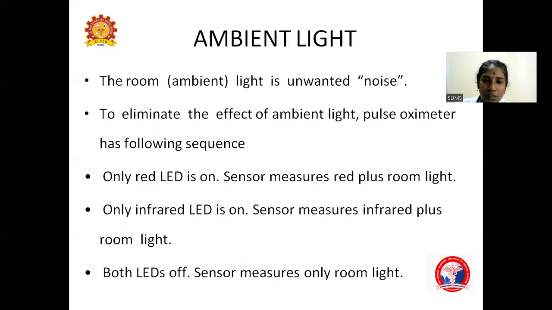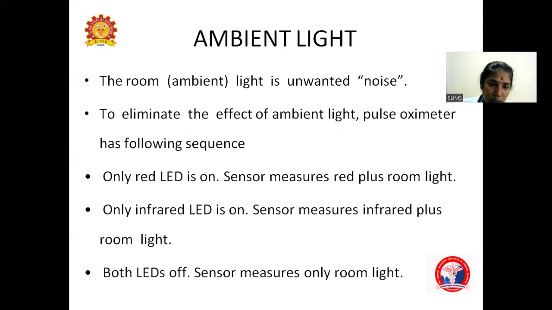So to eliminate this effect of the ambient light, the pulse oximeter has the following sequence. Only if the red light is on, the sensor measures the red plus the room light. Only if the infrared light is on, the sensor measures the infrared plus the room light.